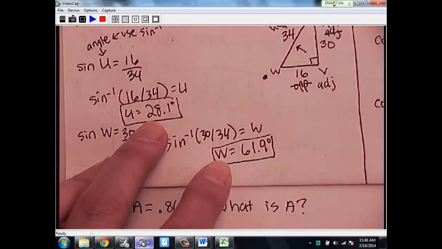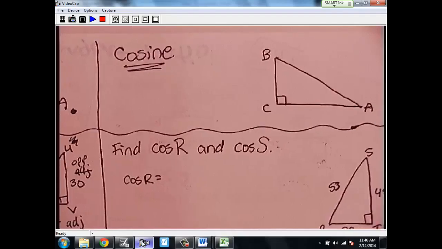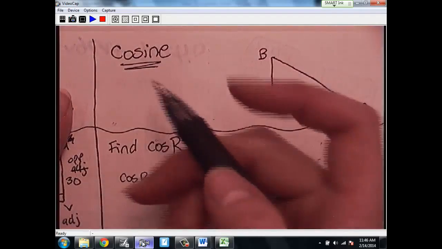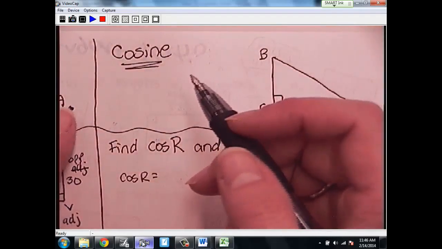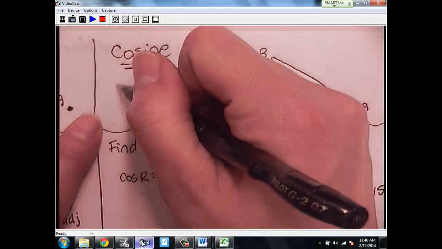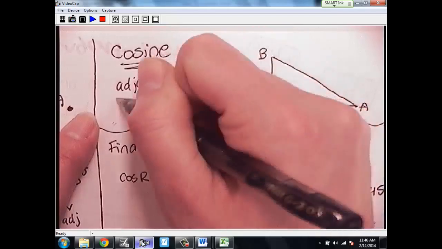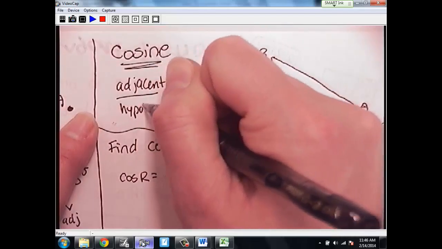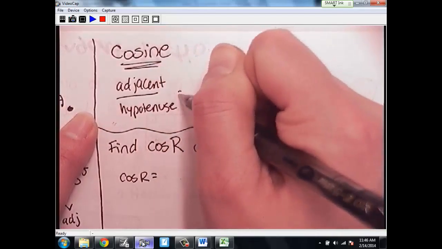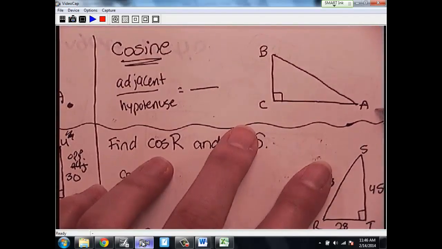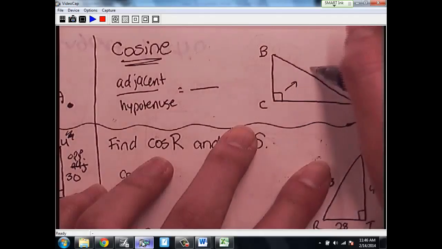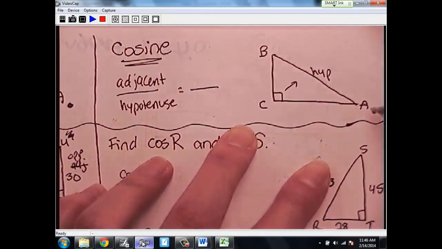Let's talk about cosine. Cosine, like I said, we abbreviate it as COS when we write it. It's just a shorthand. Cosine is the adjacent side over hypotenuse. So in this picture, if I say, let's find the cosine of A, this is my hypotenuse.